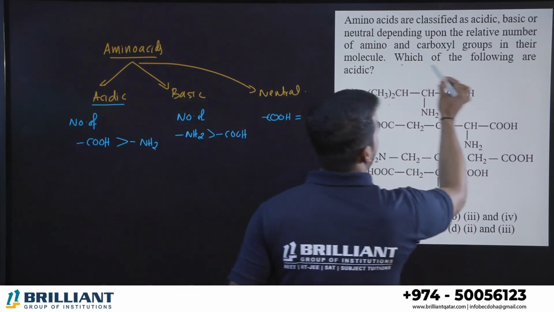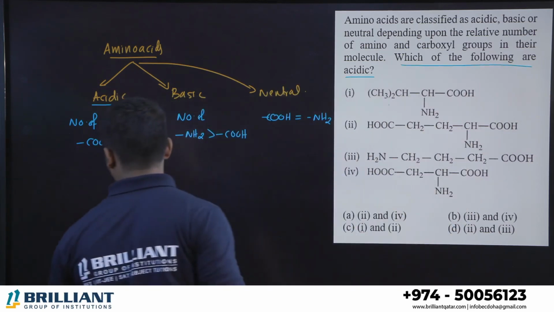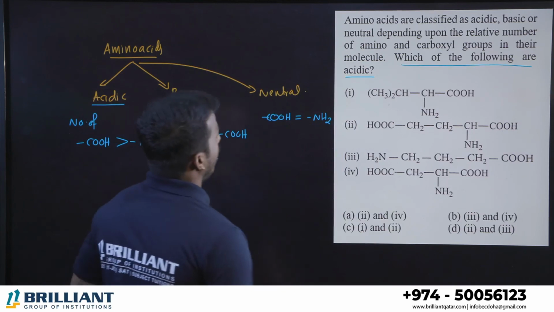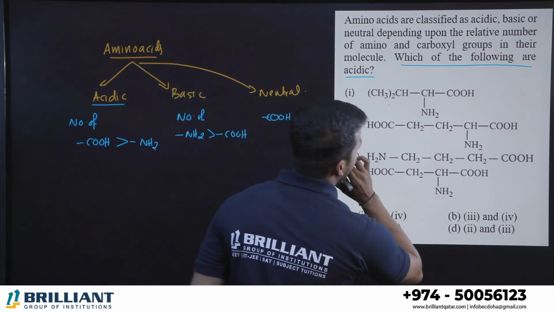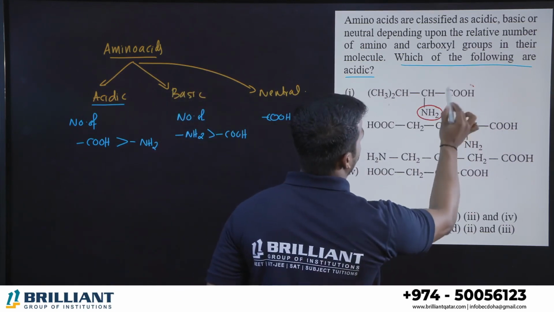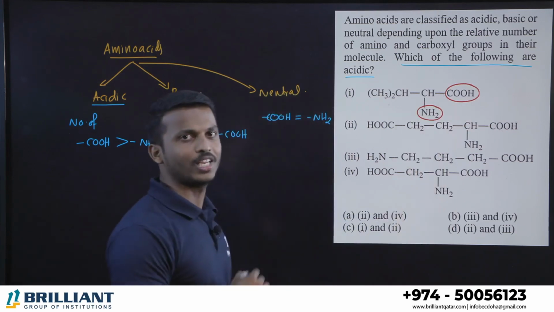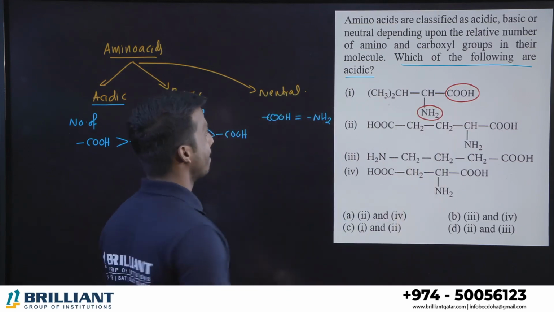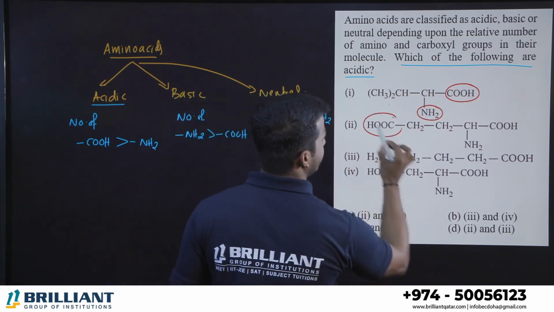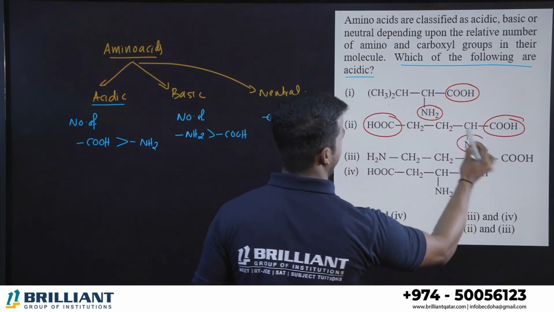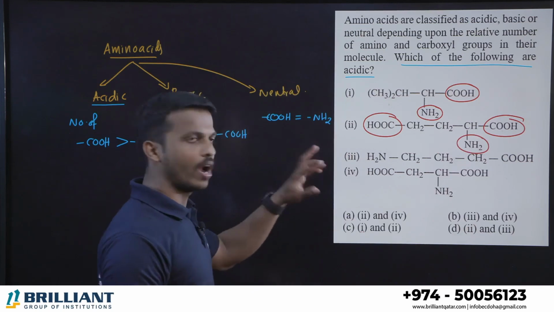Question, which of the following are acidic in nature? Let's go. The first compound contains one NH2 group, one acid group. One basic, one acidic. So finally it is what? Neutral. Correct. Second compound, this is an acid, it is a base. Two acid, one base.